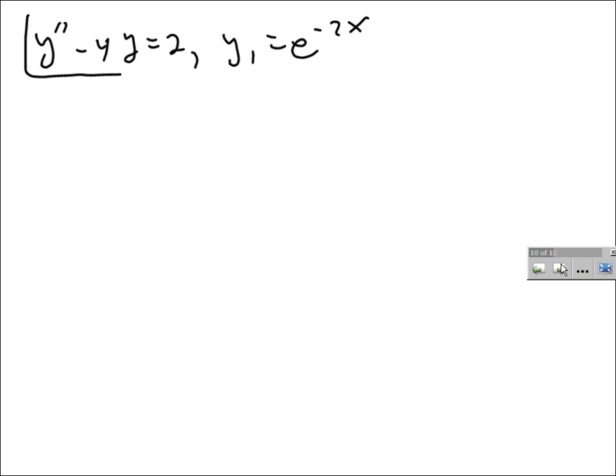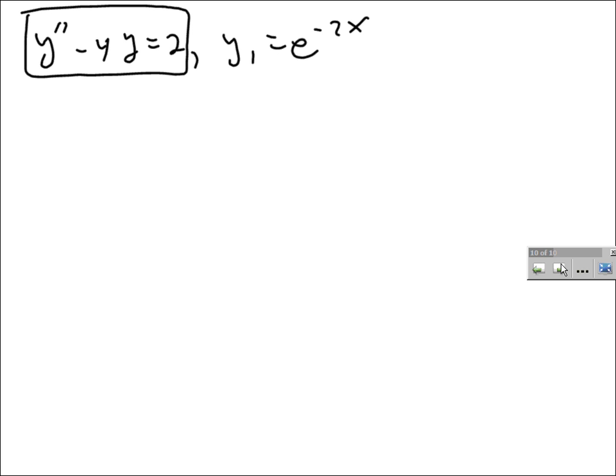Suppose you have y double prime minus 4y equals 2. And e to the negative 2x is a solution not to this equation, but to the associated homogeneous equation.